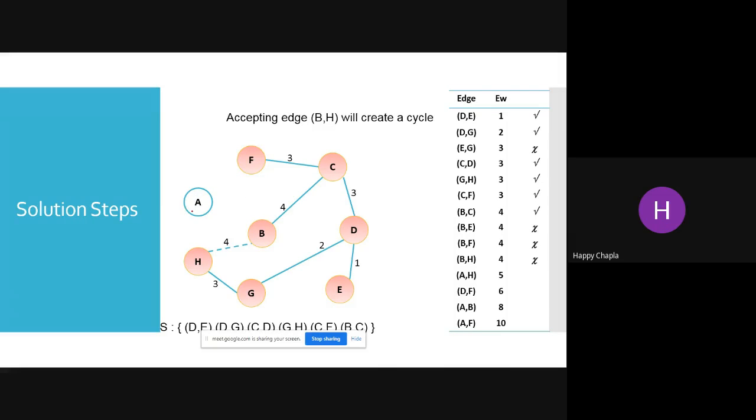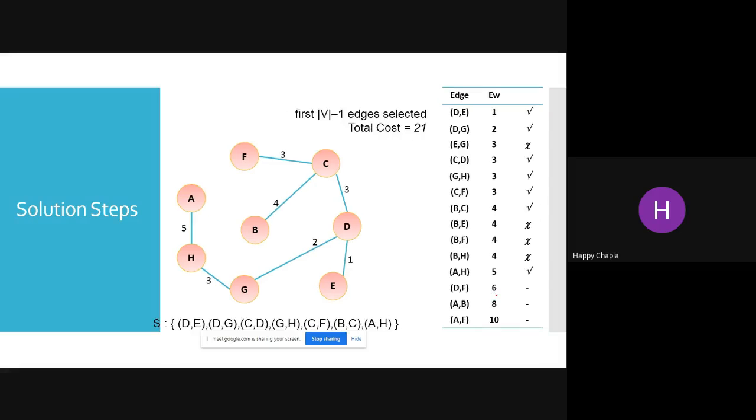Now A to H, which will cost me 5. And if I take this, is there any cycle? No. So we can take it. Okay, now the next is D to F. So D to F, the cost is equal to 6. So we cannot take it. Why?